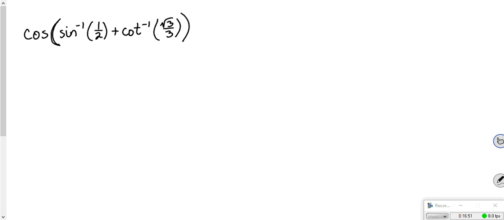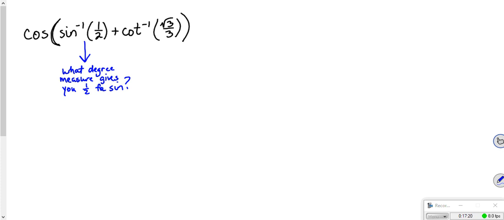If you look on your unit circle, what degree measure gives you 1/2 for sine?